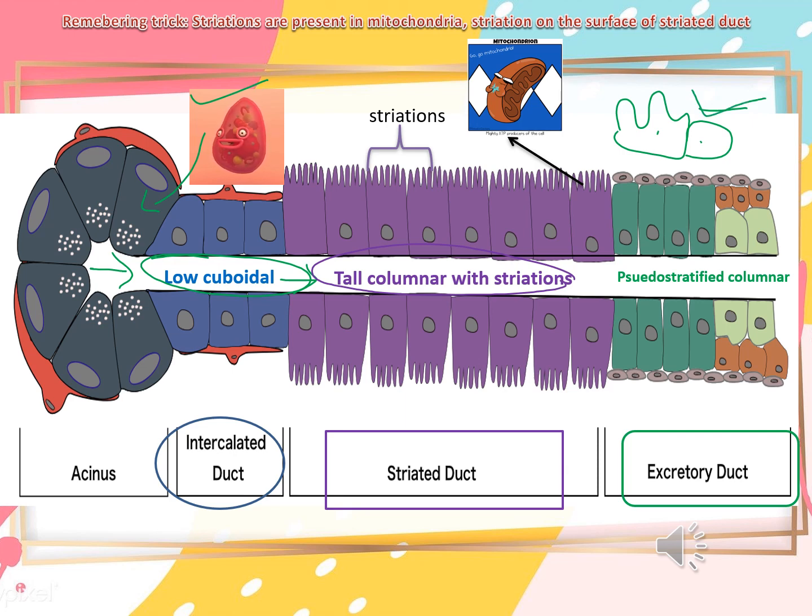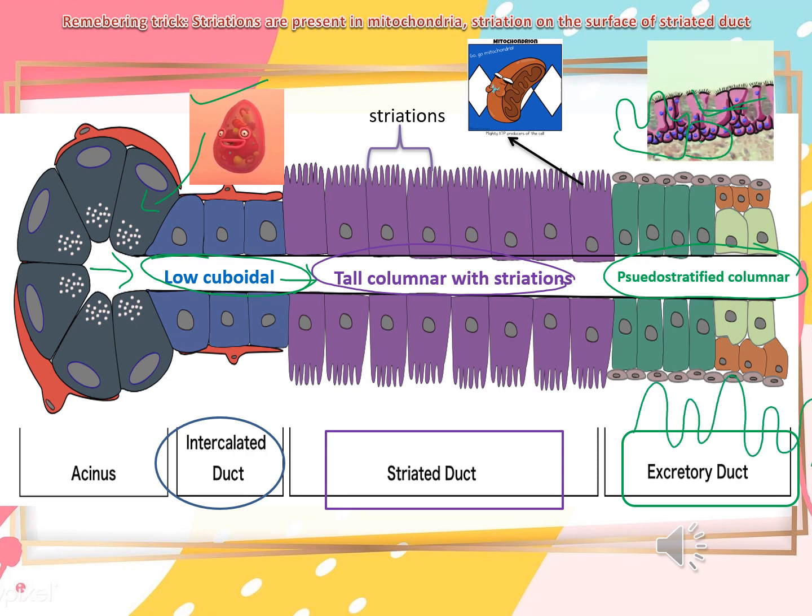The mucosal epithelium is pseudostratified columnar epithelium, which means the epithelium will look as if one cell is up, the other is down, one is up, the other is down. It will give an appearance as if multiple layers are present, but it is not like that. It will be one layer of cells only, but the arrangement of cells will give an appearance of multiple layers. One will be a little larger, the other a little smaller. They will be enfolded in such a way.